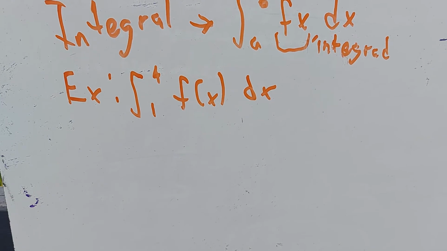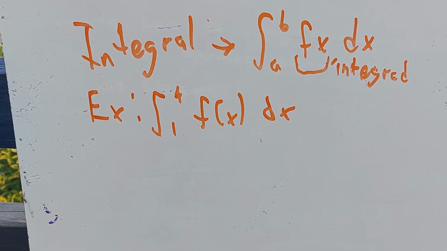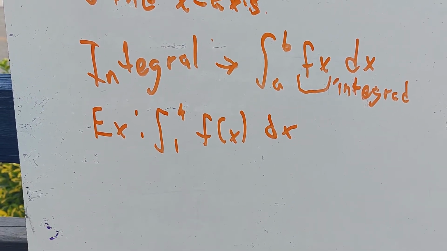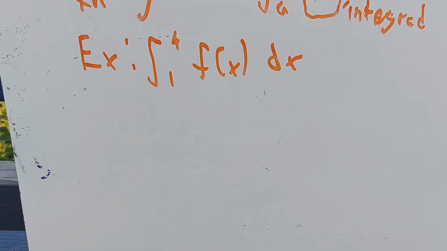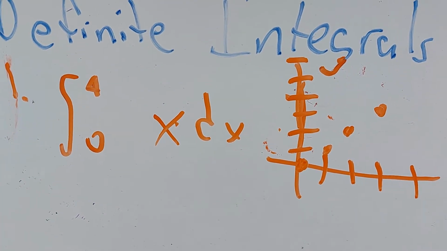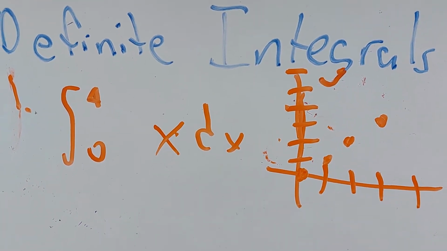This example right here means that you have to calculate the net area bounded by the graph of f of x and the x-axis between x equals 1 and x equals 4. In this problem, the bounds are 4 and 0, and the function is x.